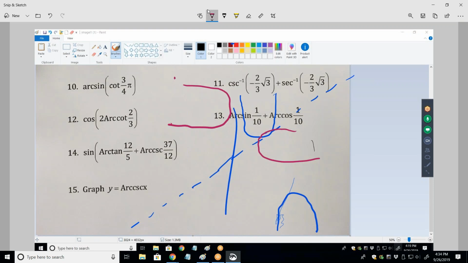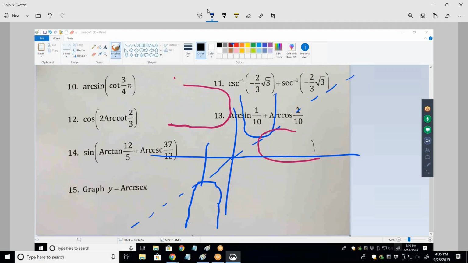If I draw the other side of this over here, let's see. That's what I want to do. Instead of like I've drawn it. And now we're going to restrict the domain from minus pi over 2 to pi over 2. Okay.